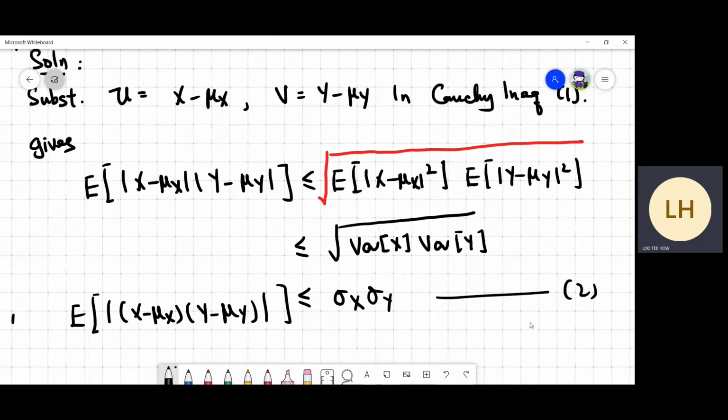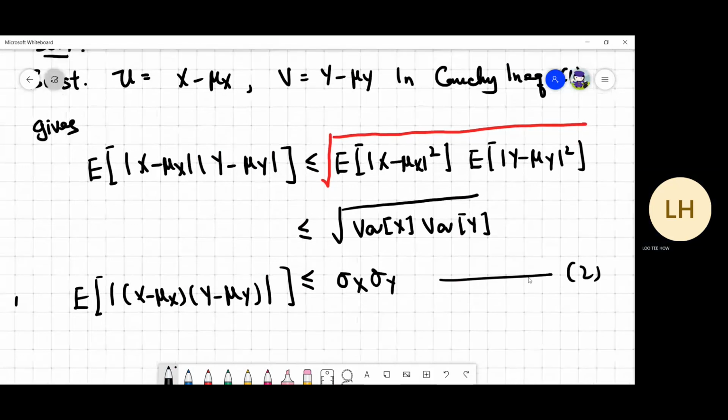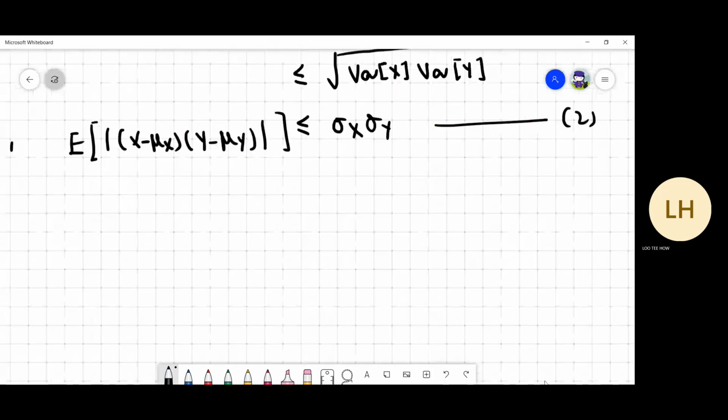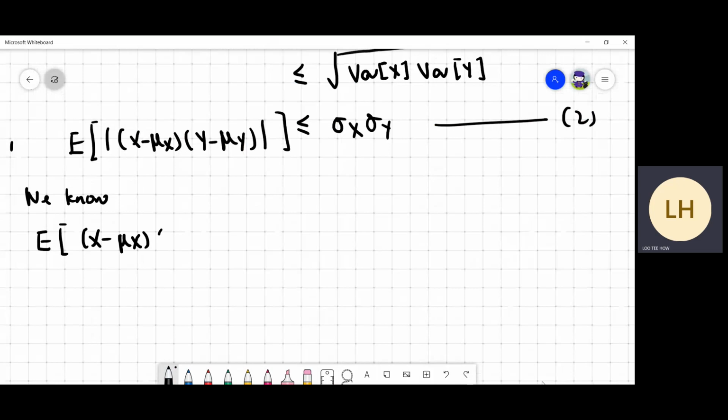And we know this according to our theorems: the modulus of E of (x minus mu x)(y minus mu y) will always be less than or equal to this.